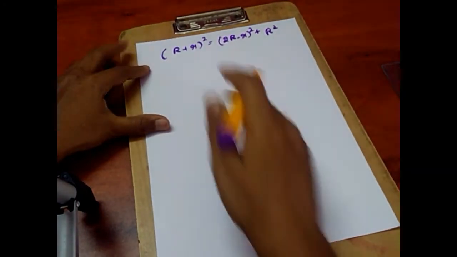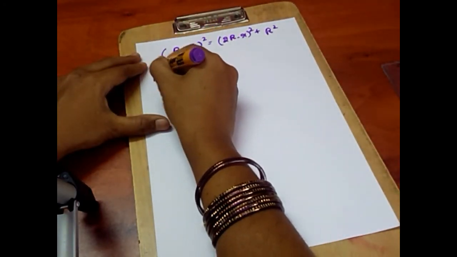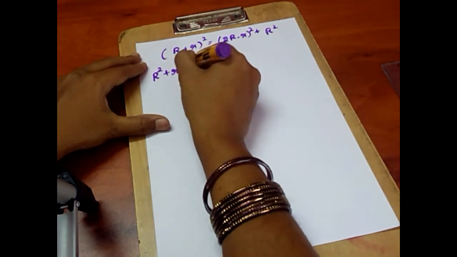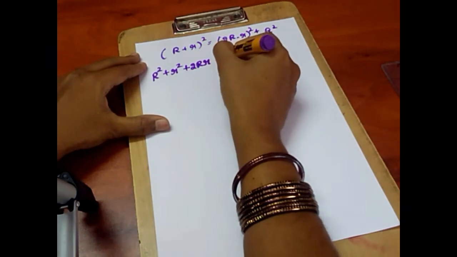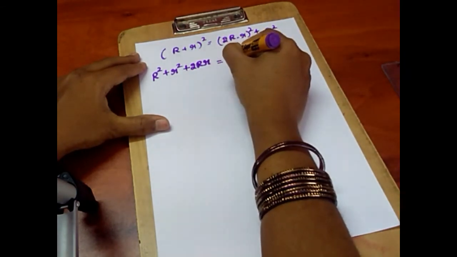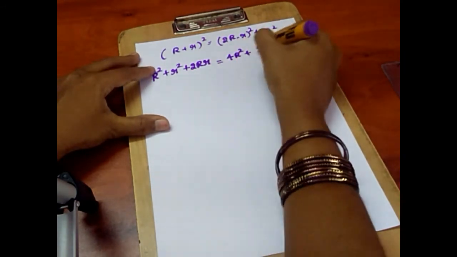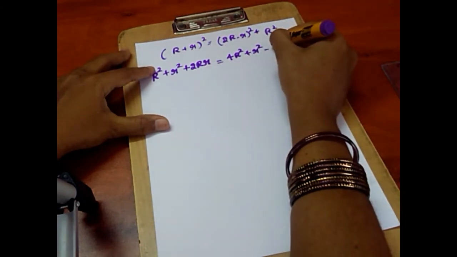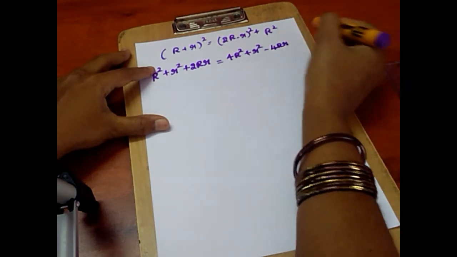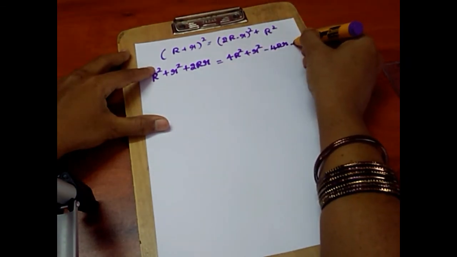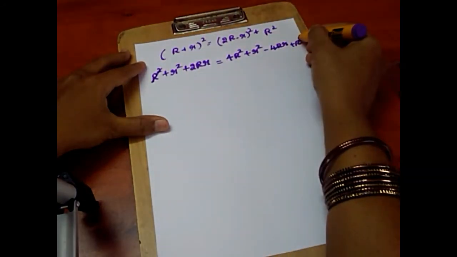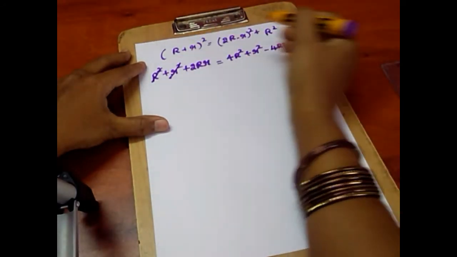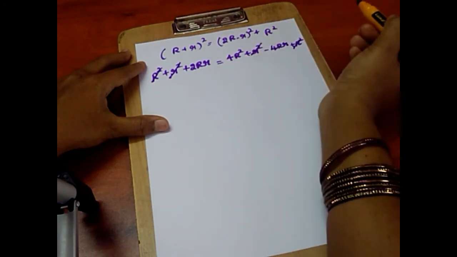Apply the identity. Here capital R square plus small r square plus 2 capital R small r, equals 4R square plus r square minus 4Rr plus R square. What you can notice, children, is that R square can be cancelled, r square can be cancelled.